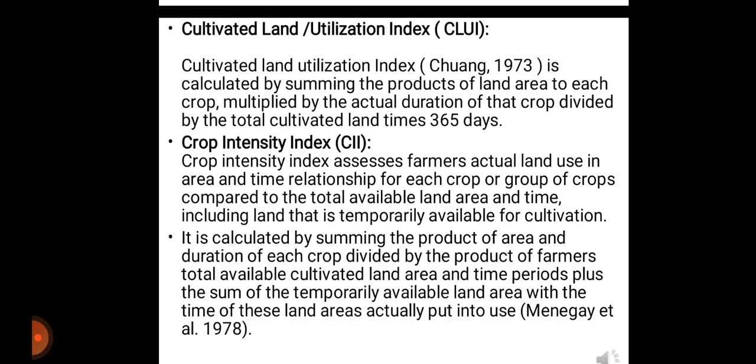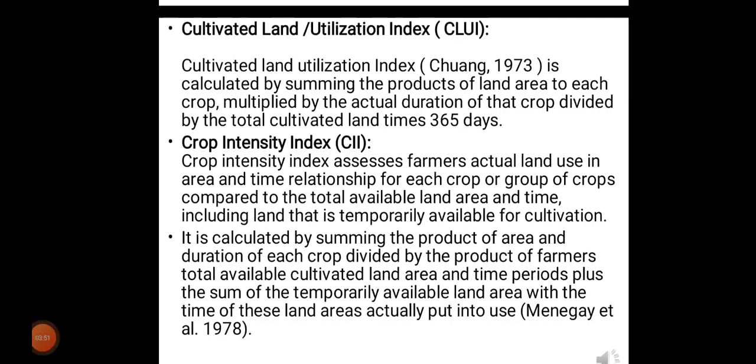Crop intensity index, CII, assesses farmers' actual land use in area and time relationship for each crop or group of crops, compared to the total available land area and time.